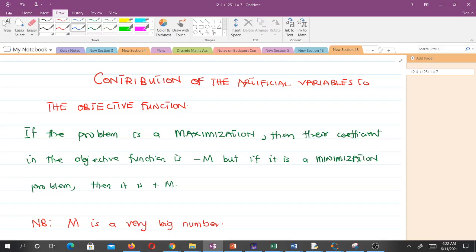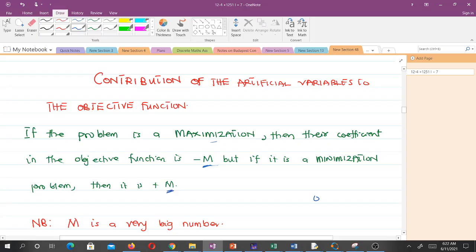The slack or surplus variables have a zero coefficient in the objective function, but for artificial variables, when the problem is a maximization problem, their coefficient in the objective function is minus M. If it is a minimization problem, their coefficient is M, or plus M.